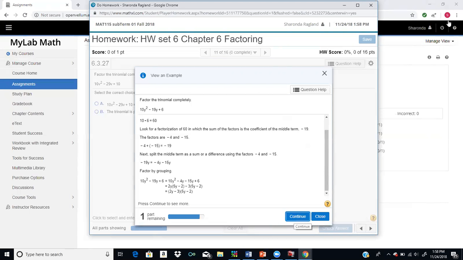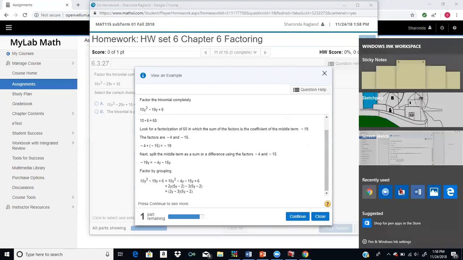So that's another method you can use. You can look at their technique on how to create 4 terms from 3 terms, to see if you can factor by grouping. And I wanted to do that one so we can see how factoring by grouping works.